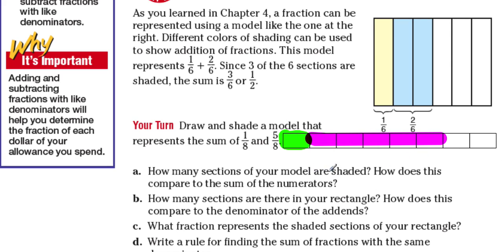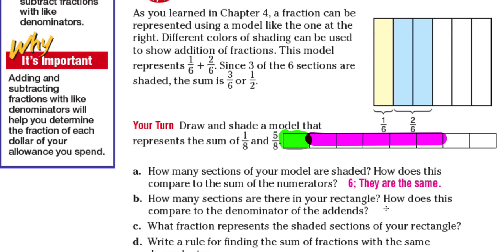So how many sections of your model are shaded? And how does this compare to the sum of the numerators? Answering that question, 6 are shaded and they are the same. How many sections are there in your rectangle? Obviously 8.